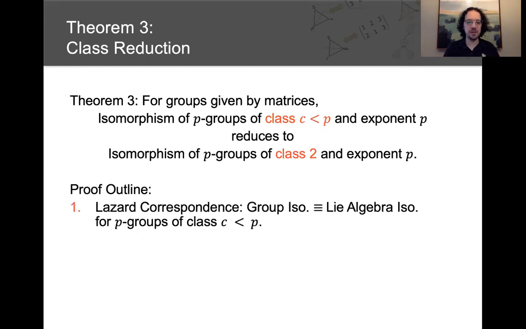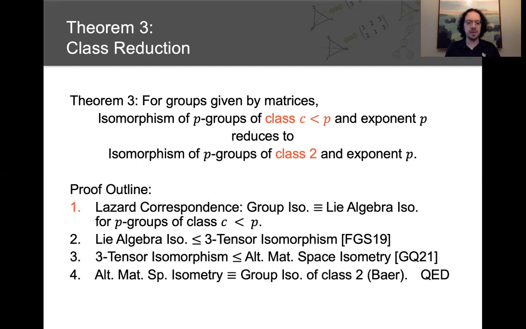So the proof outline here is there's something called the Lazard correspondence, which generalizes the Baer correspondence and says essentially that for p groups of class less than p and exponent p, that group isomorphism there is actually equivalent to isomorphism of corresponding Lie algebras, which is now a linear algebraic tensor type question.